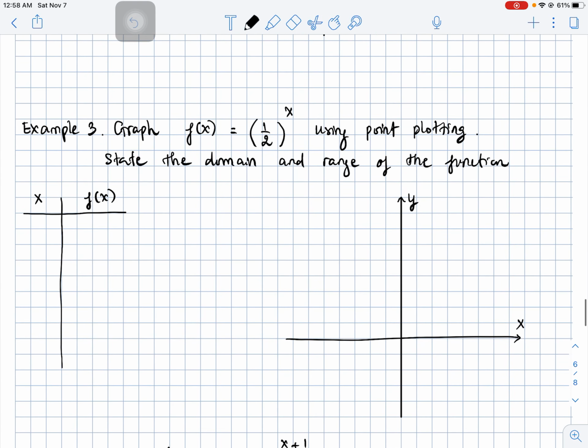Similarly, we will do example number 3. We will also make some positive and some negative numbers.